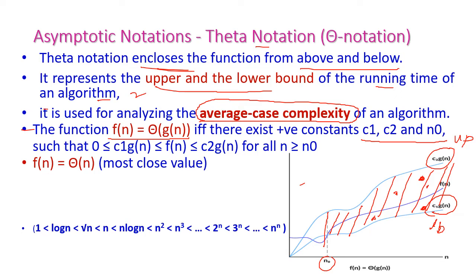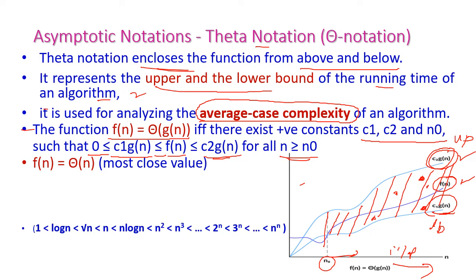Such that c1 times g of n is less than or equal to f of n, and f of n is less than or equal to c2 times g of n, for all n greater than n0. N is input.